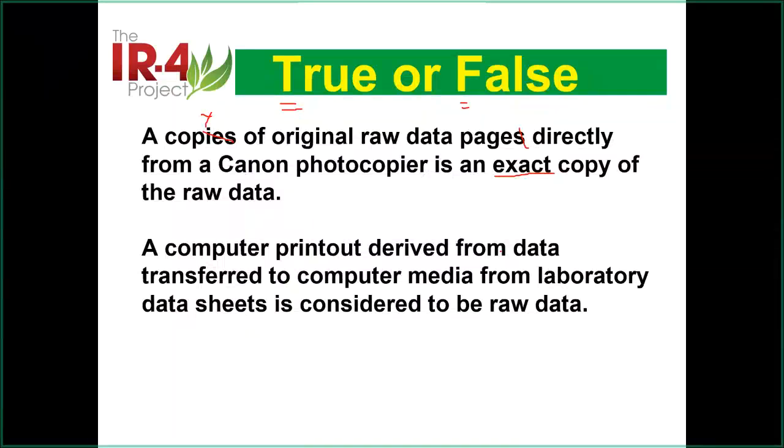So what's the requirement in GLP for making copies? In this case, we can say true or false. So what's the requirement? The requirement is that in order to be used for GLP purposes, everything should be verified by someone.